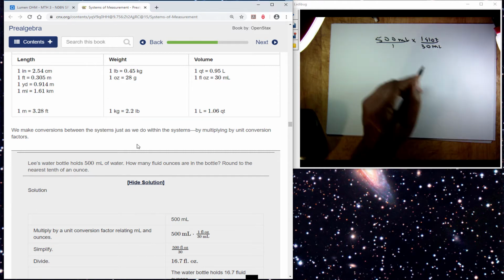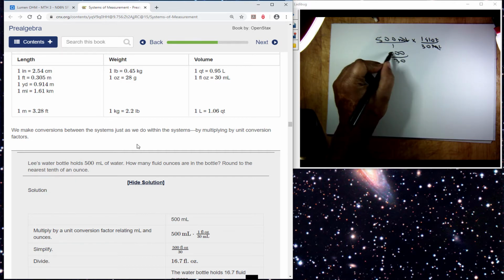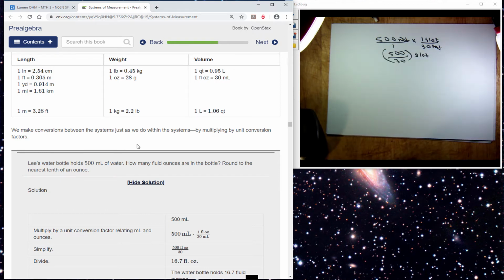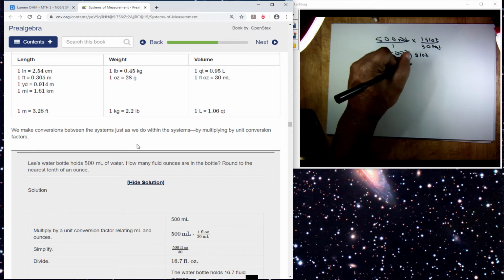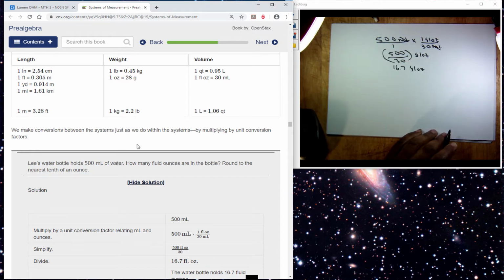So when I multiply, milliliters cancel out and I'm left with 500 over 30. The only unit that's left is fluid ounces. You divide that out, you have 16.7 fluid ounces. And that's your final answer.